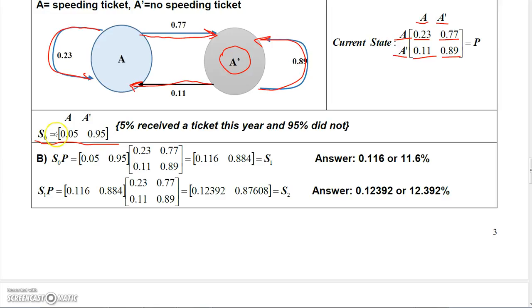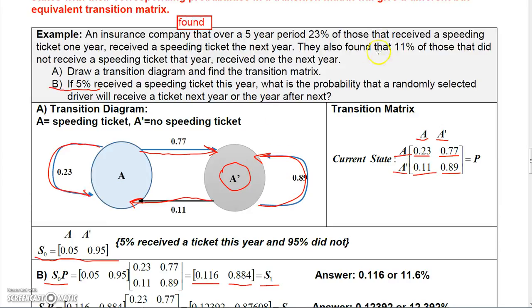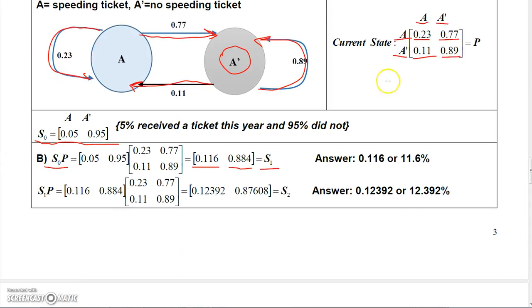So if you take this initial state matrix and multiply it by this transition matrix P, you actually get 0.116 and 0.884 for the next state. So the probability that a randomly selected driver will receive a ticket next year, given that information, would be about 11.6%.